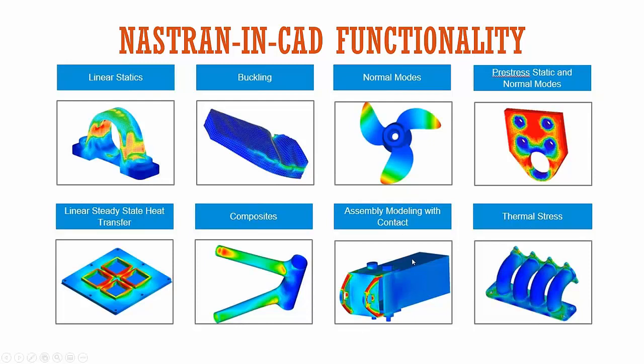Then assembly modeling: we can do all kinds of movements and contact, like separation, bonded, welded, offset bonded, and then screws, bolts. So we can do all kinds of contact modeling: surface to surface, edge to surface, frictionless contact, friction contact. So we can almost do everything in an assembly that can happen. We can even penetrate one object into another using master and slave surfaces.